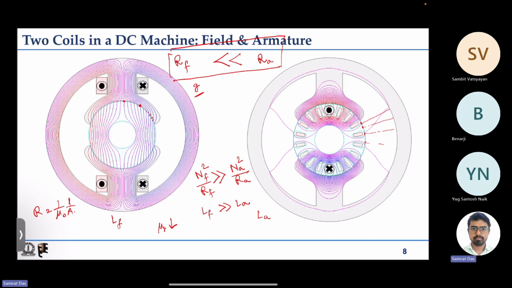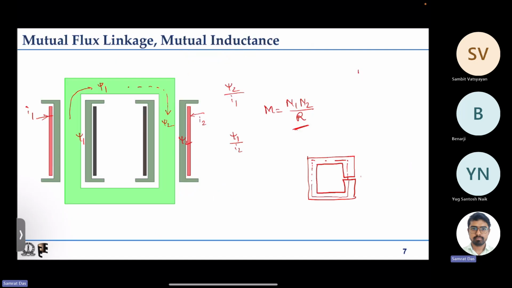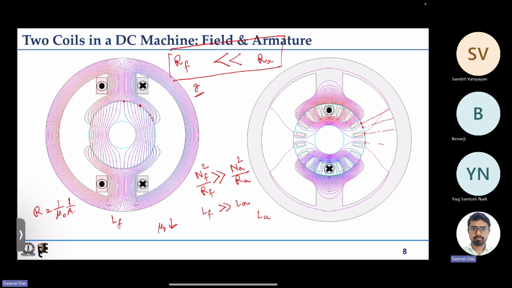If our machine is reasonably unsaturated, that is, we are operating below the knee region of the magnetization curve, then for all practical cases, the reluctance due to iron can be safely neglected. There is no harm in that. Okay, sir. Thank you so much.